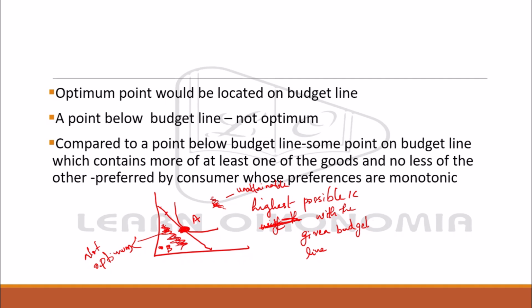Let it not be the equilibrium point, let it be some point like C here. So if you compare B and C, you are comparing B and C. Okay, here you could see that B gives a situation where less is purchased.